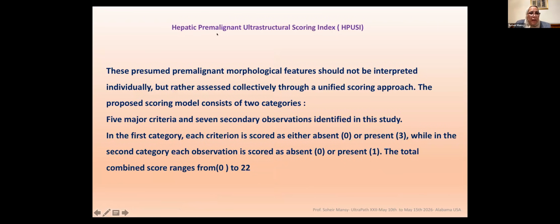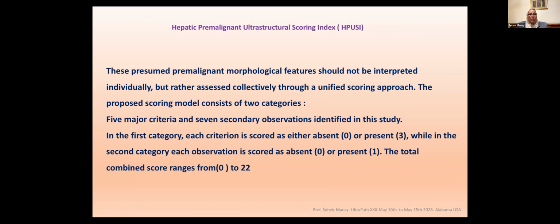We propose a score to assess the turnover of hepatocytes to malignancy. We call it the hepatic pre-malignant ultrastructure scoring index, HYPA-C. These presumed pre-malignant morphological features should not be interpreted individually, but rather assessed collectively through a unified scoring approach. The proposed scoring model consists of two categories, 5 major criteria and 7 secondary observations identified in this study.